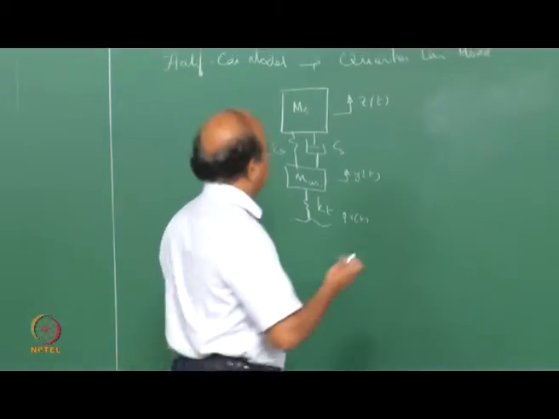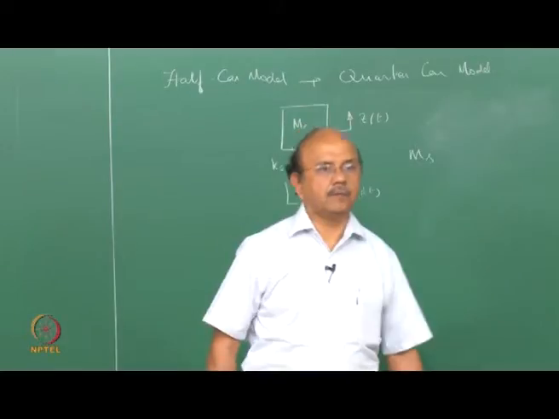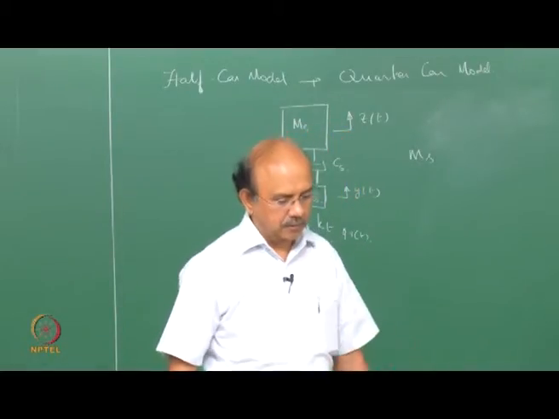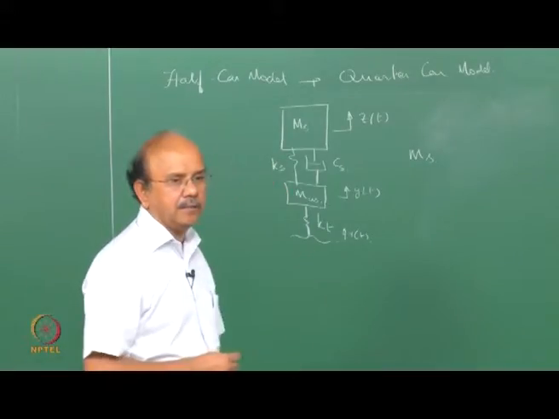Now let me write down the two governing equations. Why two? Because I have two degrees of freedom, which are y and z.